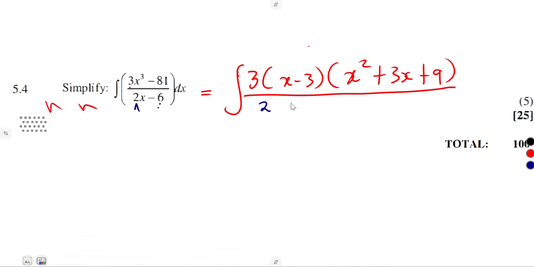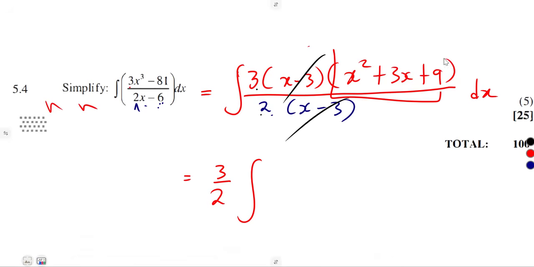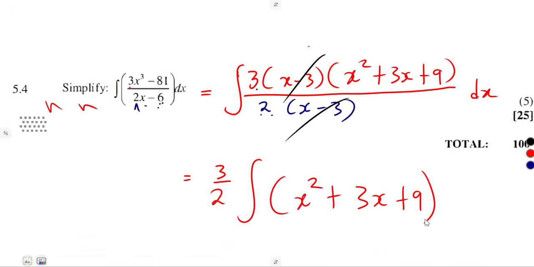We can factor out 2. 2x divided by 2, that's x. Minus 6 divided by 2, that's negative 3. So that is it. Okay, these brackets can cancel. 3 over 2 is a constant, so you can even take it outside of the integral. Then you are left with x squared plus 3x plus 9.